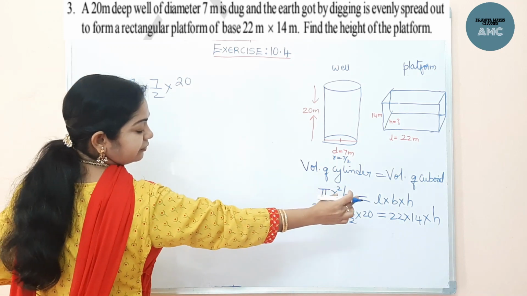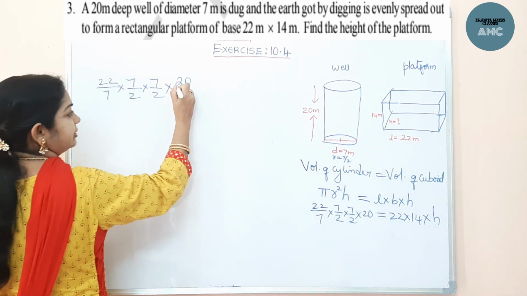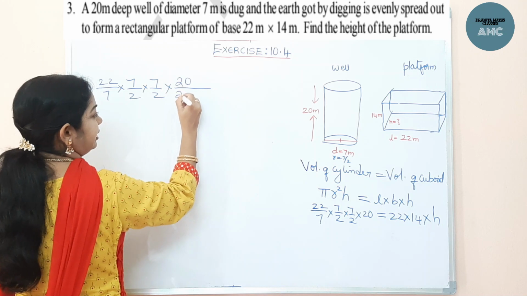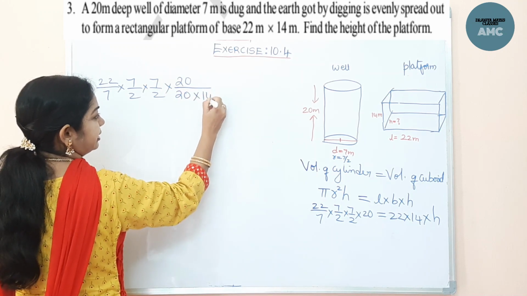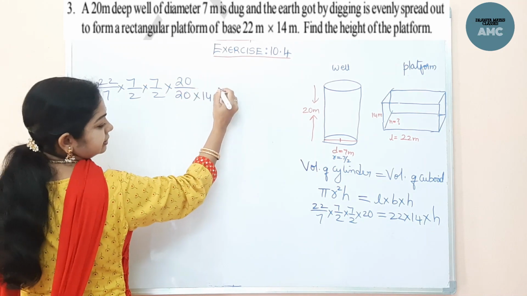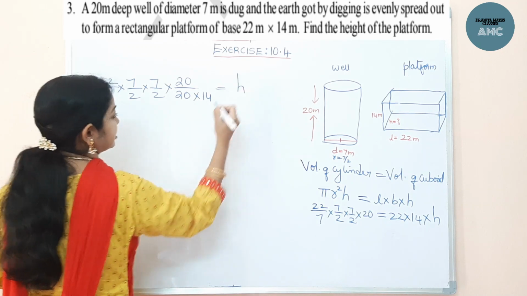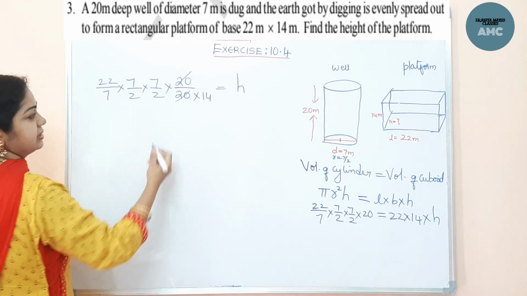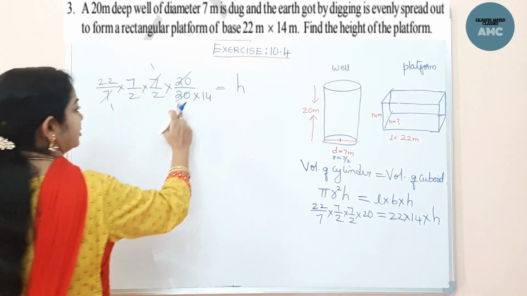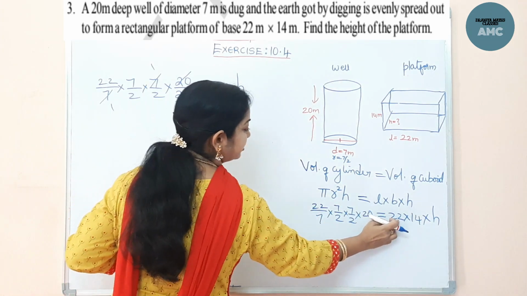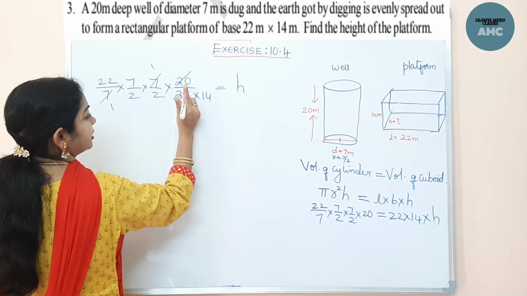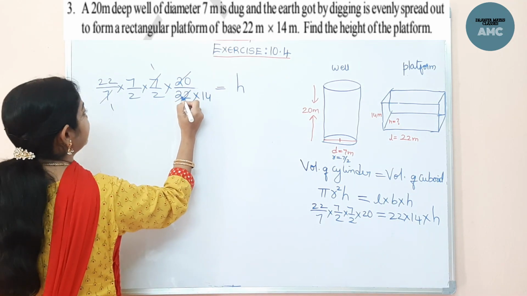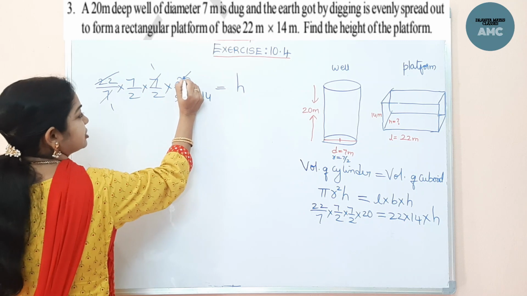Now 22 and 14 of that side will come to this side. That comes to 20 into 14. We can take it like this. That equals h. Now we will cancel. 20 and 20 we can cancel. Oh, sorry, this is 22, right? So this 22, I'll cancel it with this 22 and this 20.